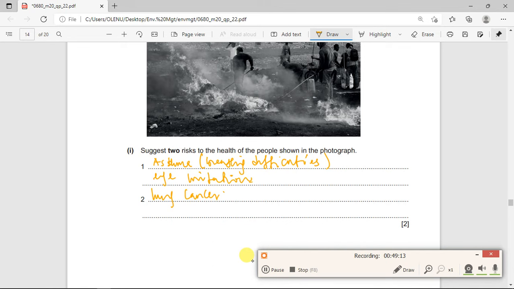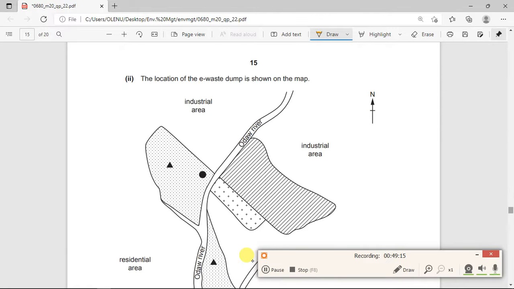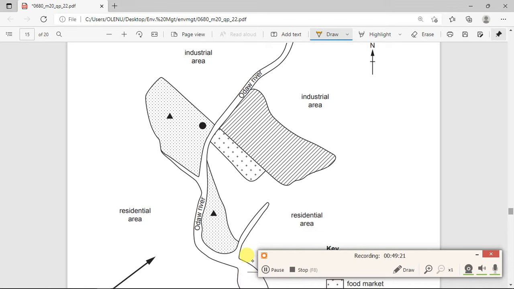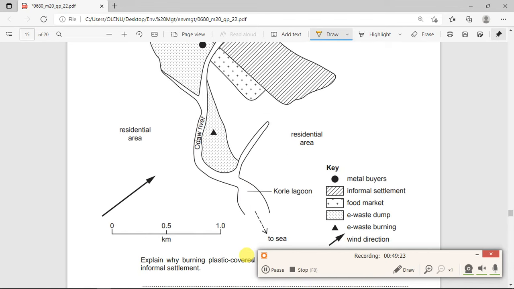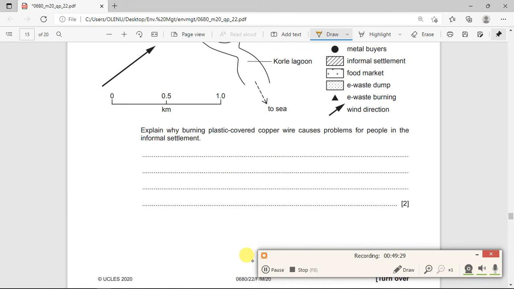That's it. Next, the location of the e-waste dump is shown on the map. So we have a map here that shows the e-waste dump, and we have a key to help us interpret it. This is the wind direction also. Explain why burning plastic covered copper wire causes problems for people in the informal settlement.